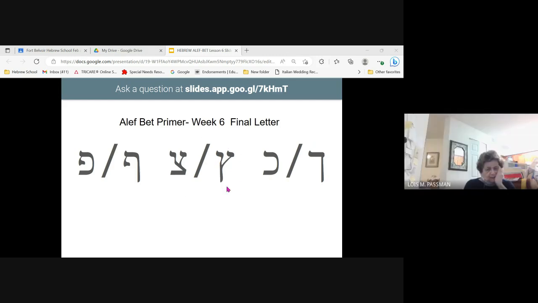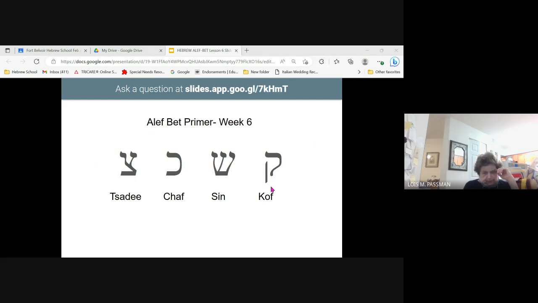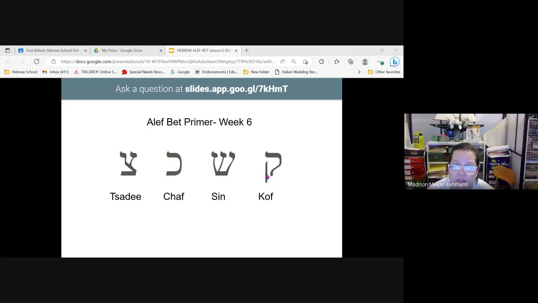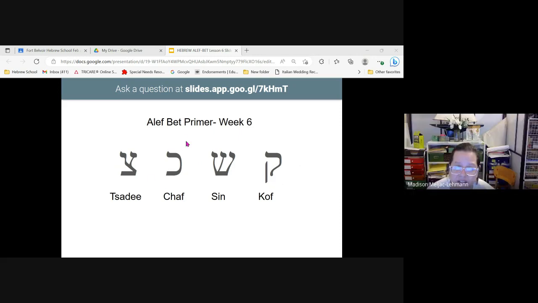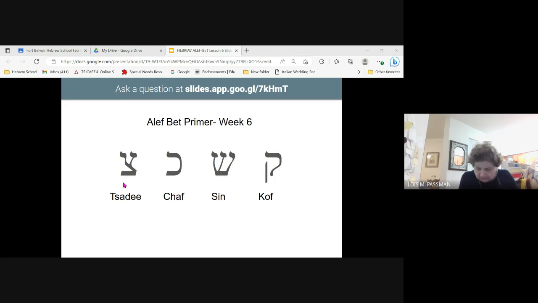Can you go back to the page that had the four letters not attached to their final friend? These guys right here? Okay, so this is more like a 7. Kaf, it's more like a 7. And when it becomes a final, what does it look like?